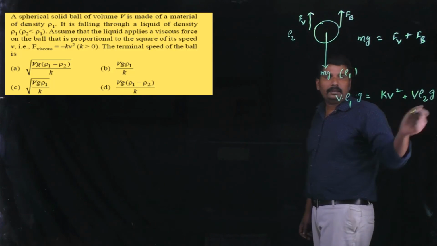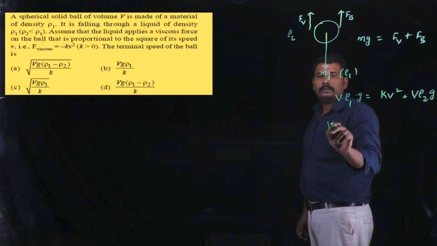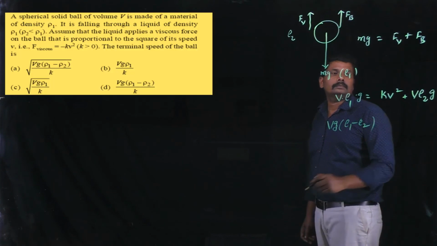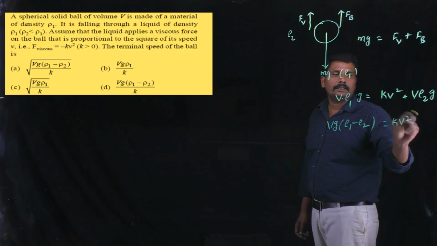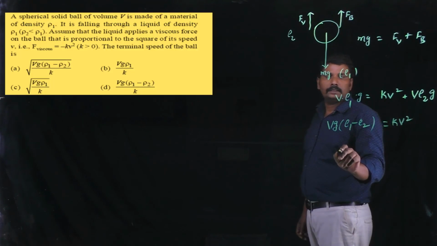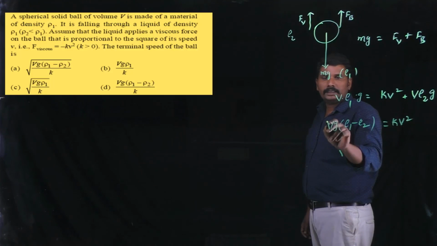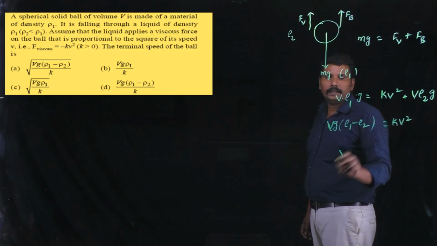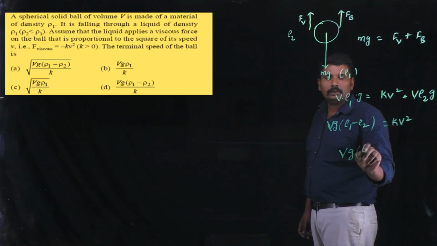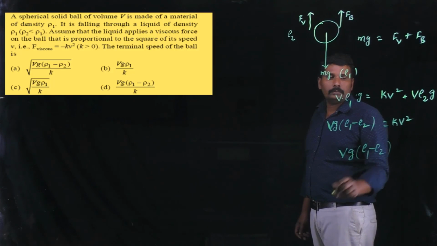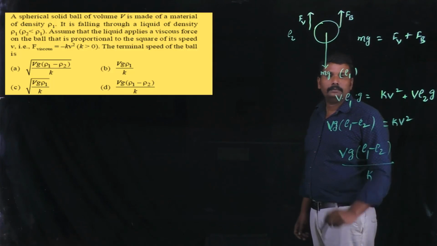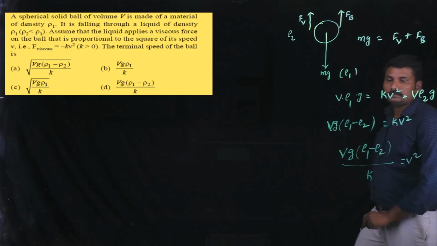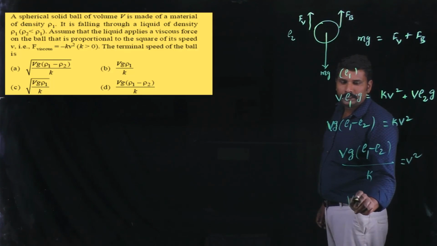Now, by calculating this, we get Vg into (ρ1 − ρ2) equals kv square. Here V is the volume and v is the terminal velocity. So Vg into (ρ1 − ρ2) by k is equal to v square.